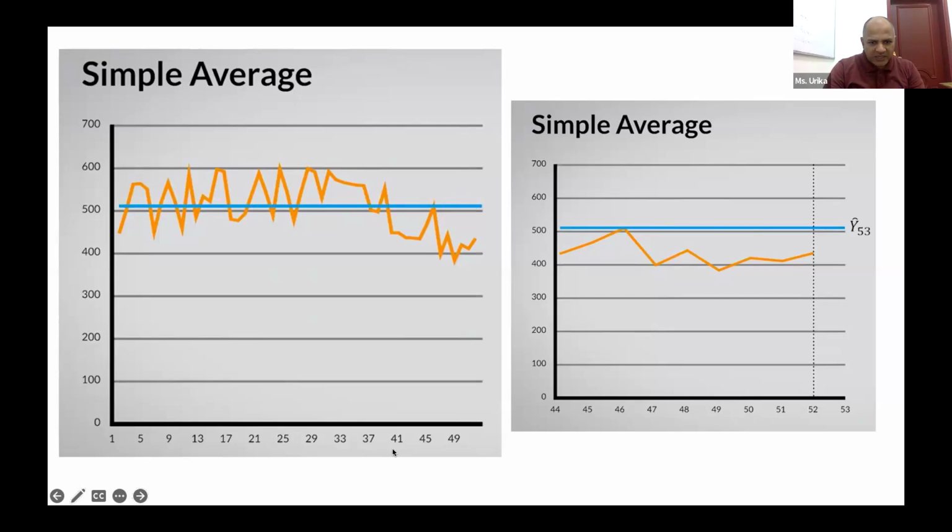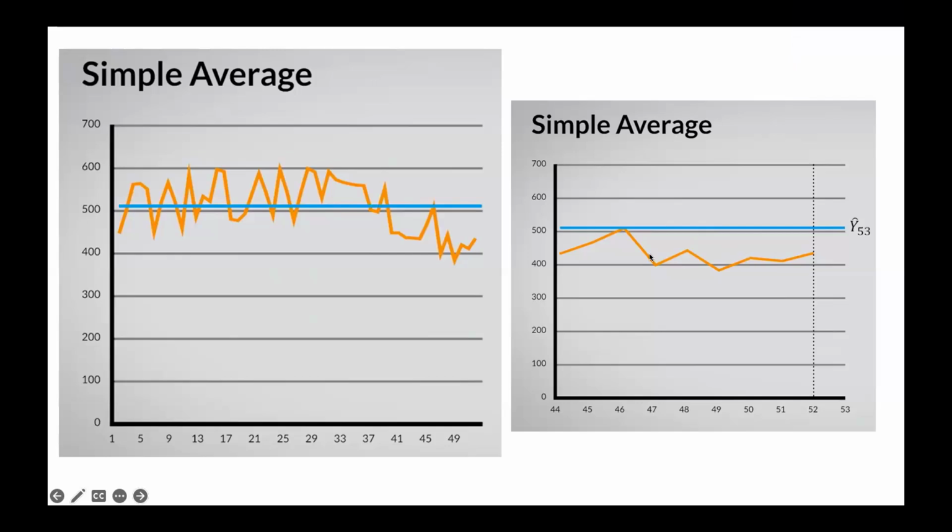If you look at this, 41 to 49, the trend is going to come here. So the gap is here. Can you see the gap? Simple average here is okay, but what about here? It's really low.